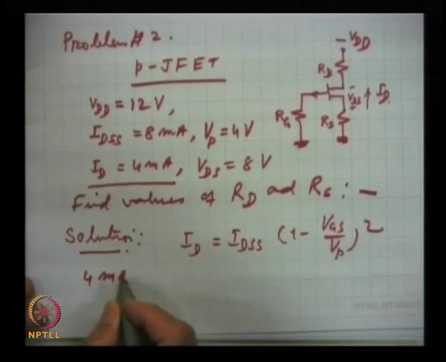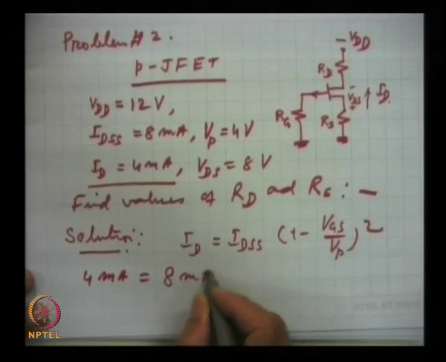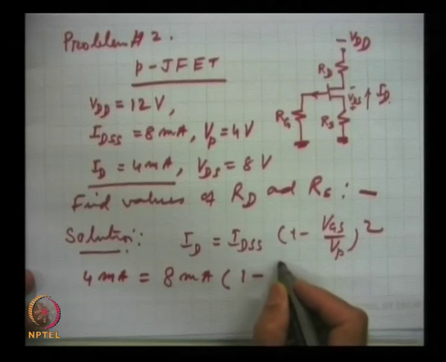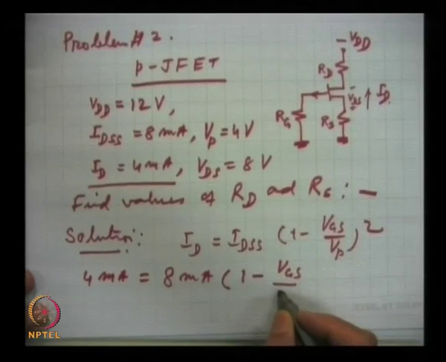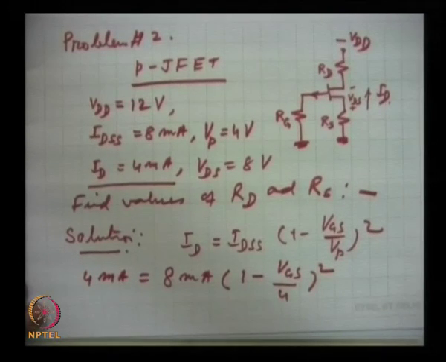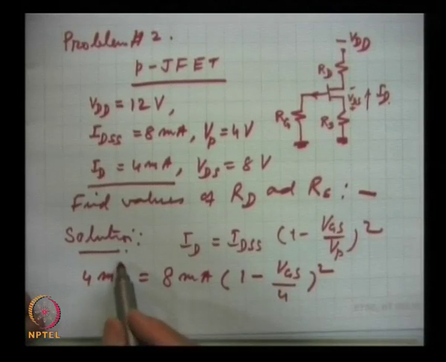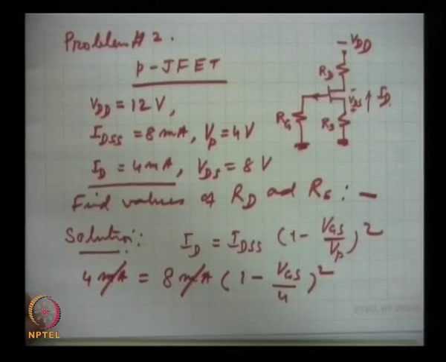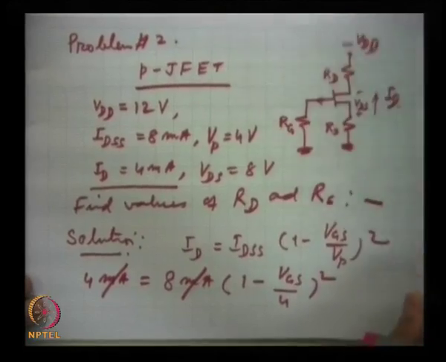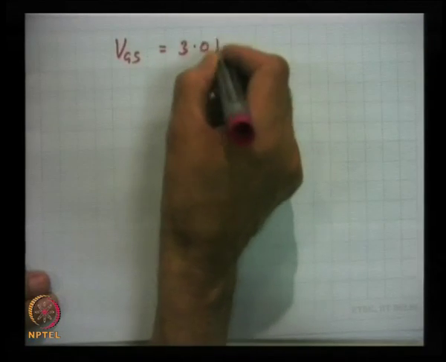So, 4 milliamperes, IDSS is 8 milliampere, 1 minus VGS by VP, which is 4, and the only unknown is VGS. So, the milliampere is cancelled, and it is a very simple calculation. From here we get VGS equal to 3 volts.